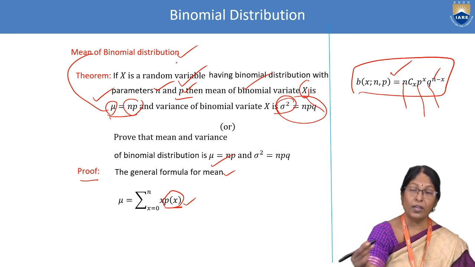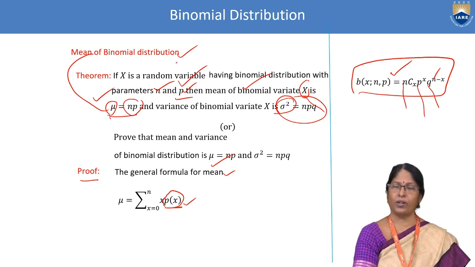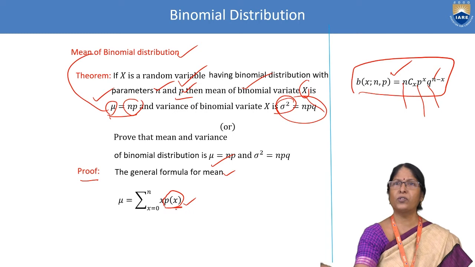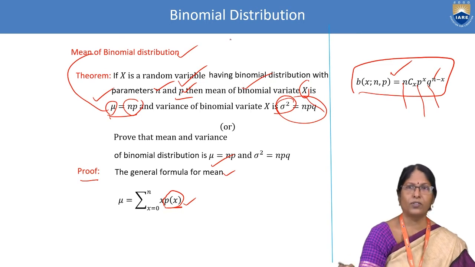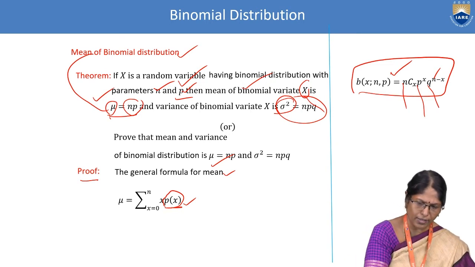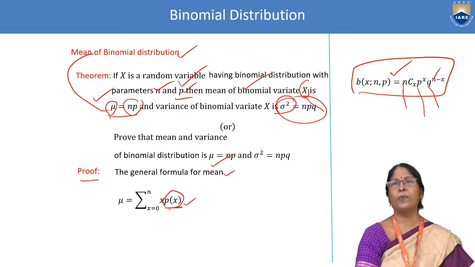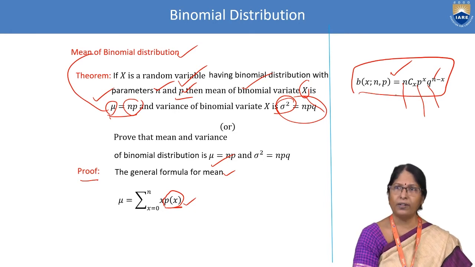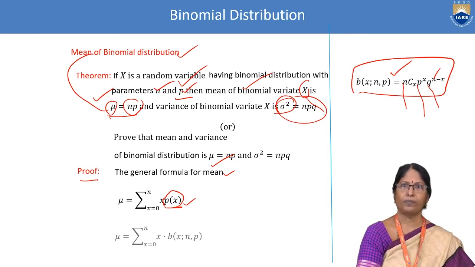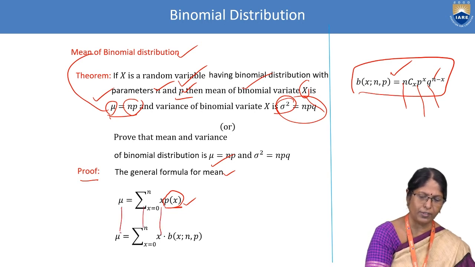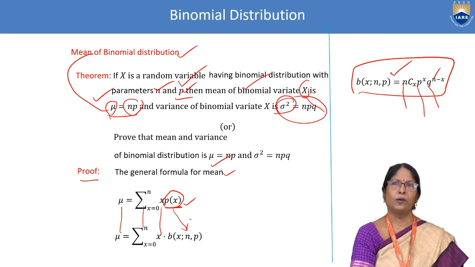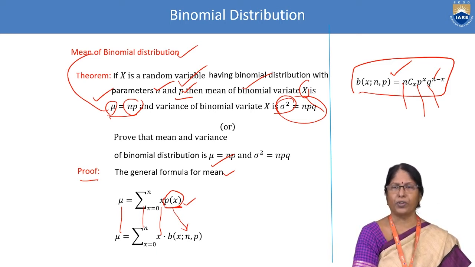Suppose the question is the mean of the Poisson distribution, then p of x is replaced by the Poisson distribution formula. Now we are concentrating on the binomial distribution in this lecture, that is the reason p of x is replaced by the binomial distribution formula. Everything else is written as it is. Only p of x is replaced by the binomial distribution.